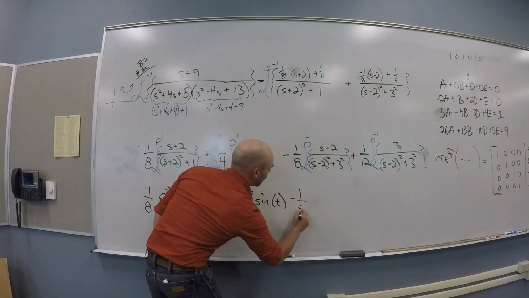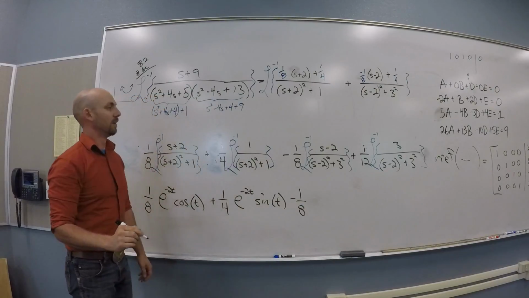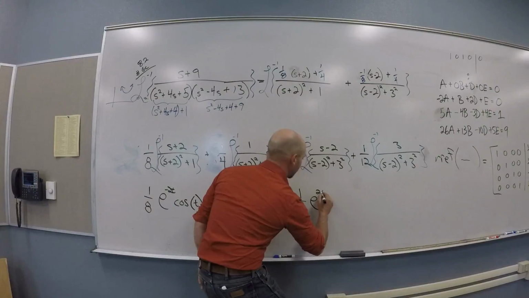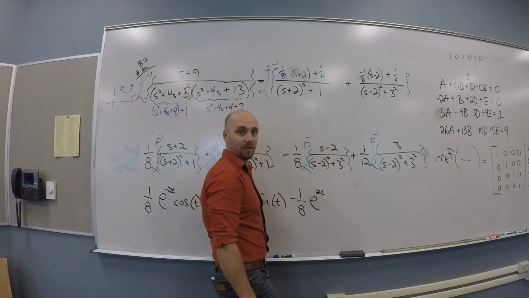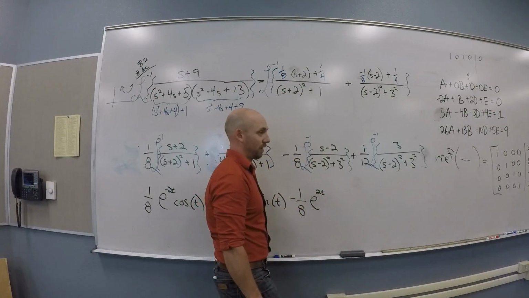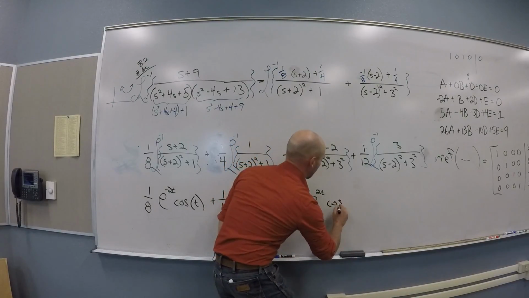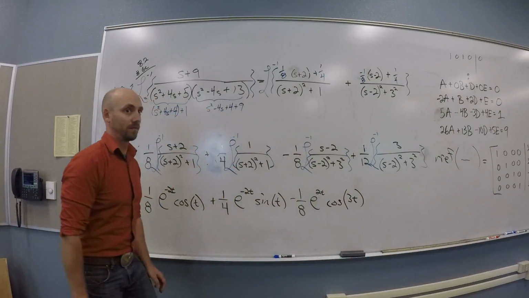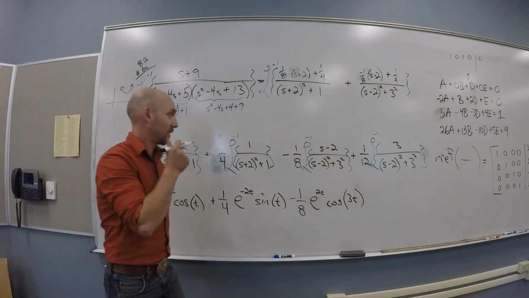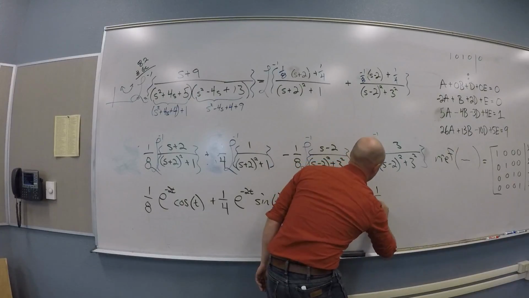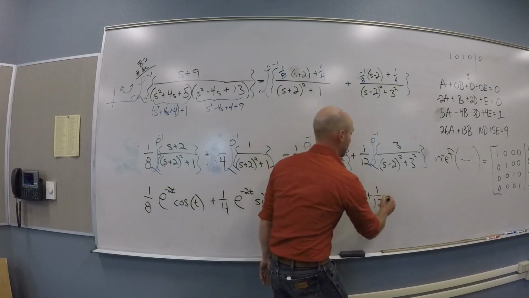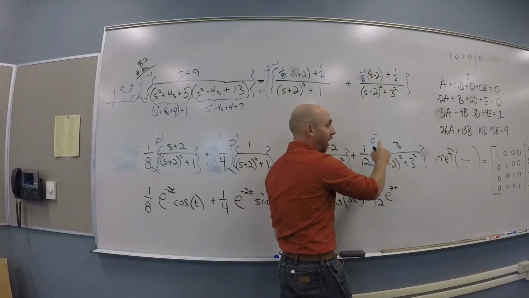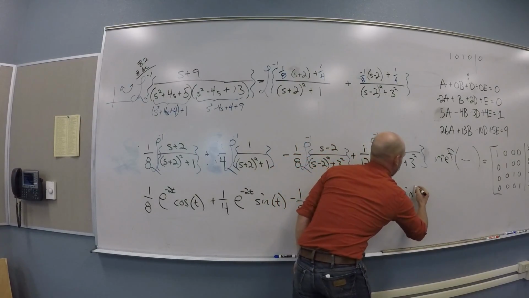And your next one's a minus an 1/8, and that thing's e to the positive 2t and a cosine of 3t because of that 3. Plus a 12, and an e to the 2t because of the shift, and a sine of 3t.